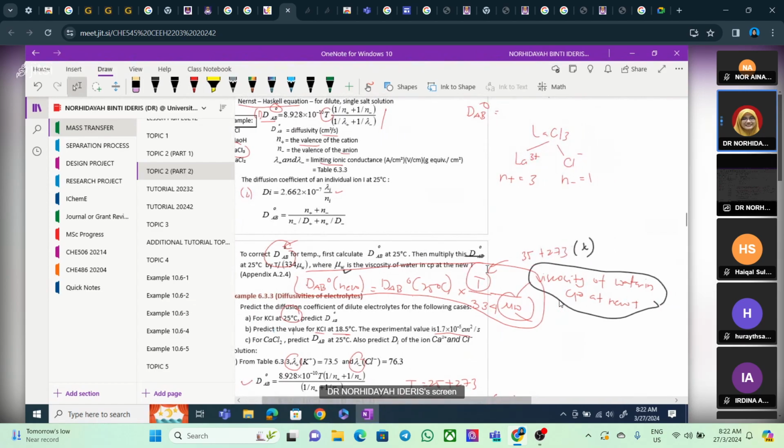And then the temperature here in Kelvin is the temperature that you would like to look into, to get DAB at the new temperature of 50. So put in 50 and 35 in Kelvin.